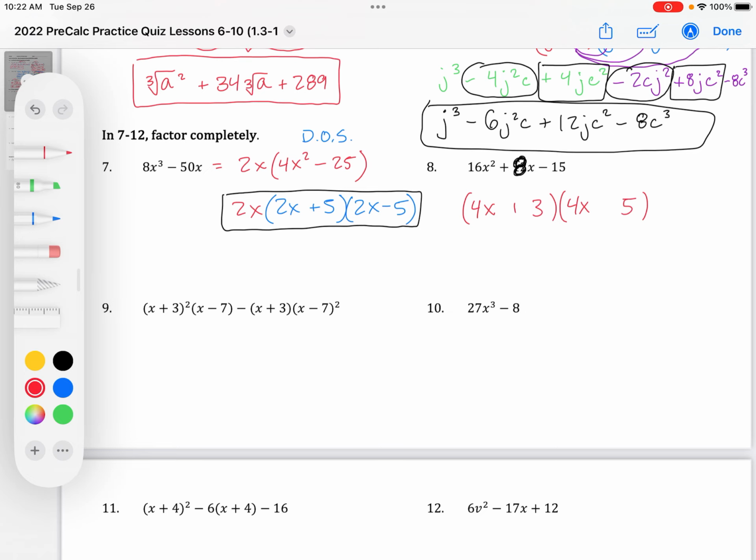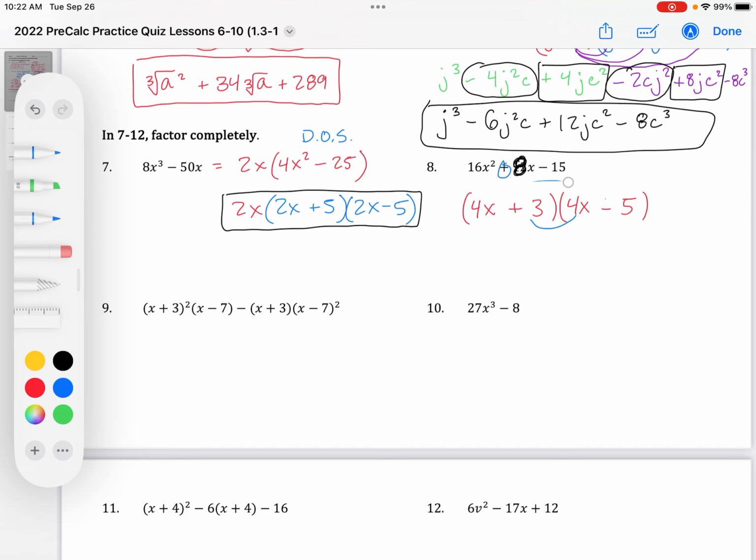Since it's negative, I'm going to put a plus and a minus. So now if I check my outsides, this is minus 20x plus 12x. Well, if I have minus 20x plus 12x, that's going to be a negative 8x, and I want a positive 8x. So if that's the only issue, I have a minus where I should have a plus.